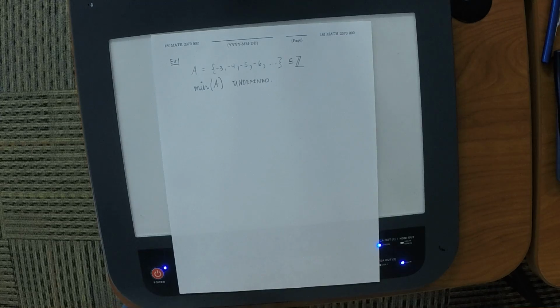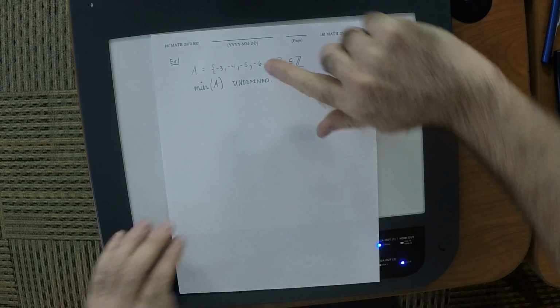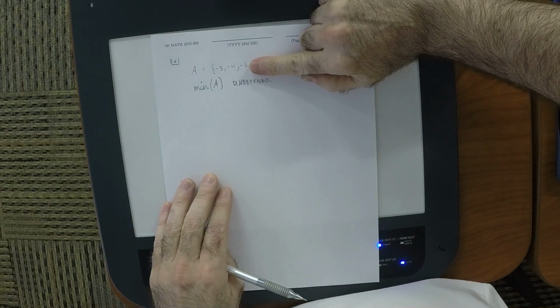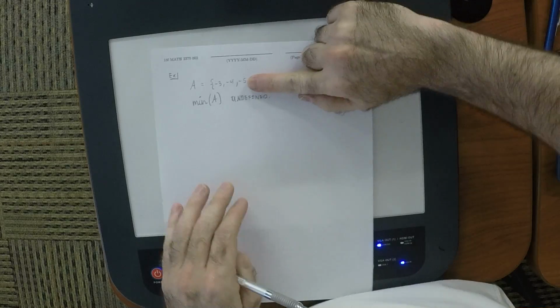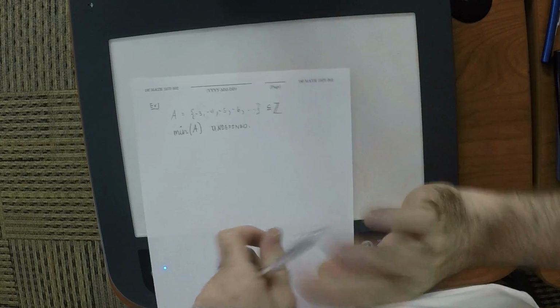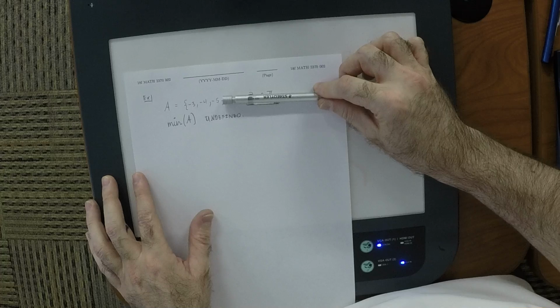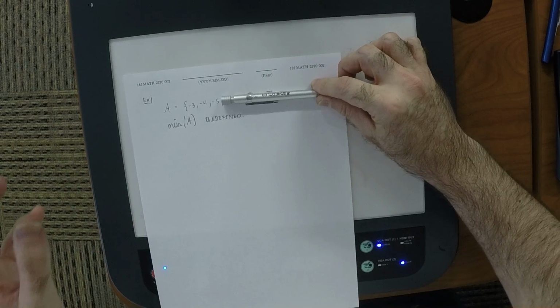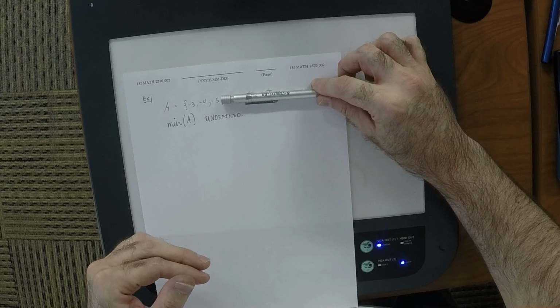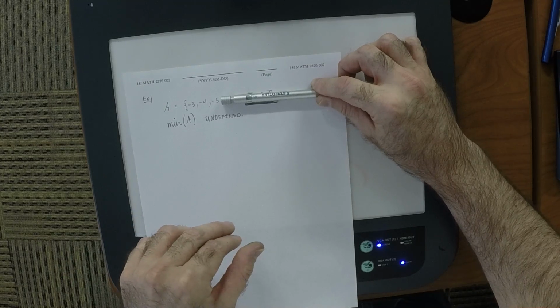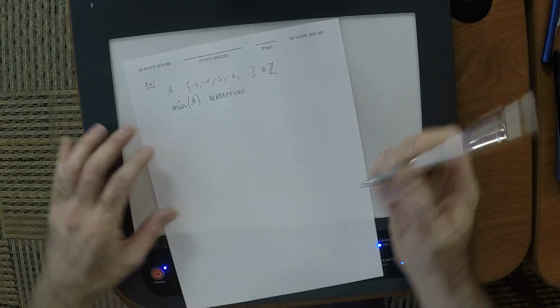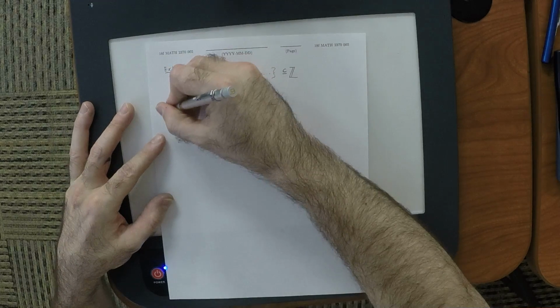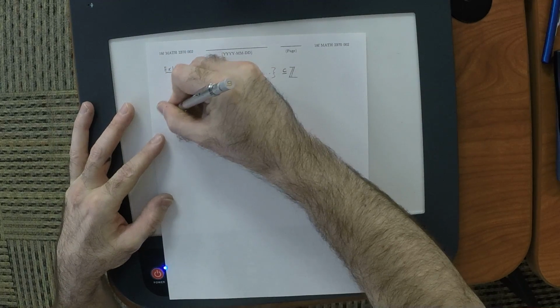All right. Now, if it was just those, without the ellipsis, if it was just those three elements, then that's non-empty. It's not a subset of the naturals, but yet it does have a least element, right? The least element is negative 5. Okay. How about this one?